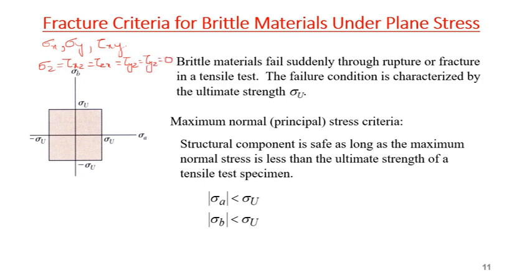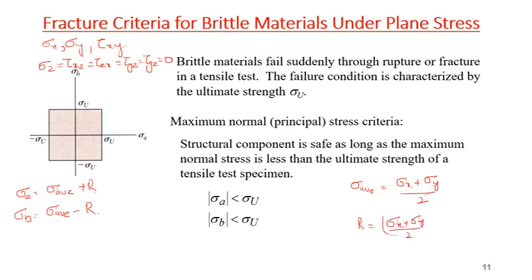Now if you want to find the principal stresses, sigma a will be sigma average plus radius, and sigma b I can write as sigma average minus radius, where sigma average is simply sigma x plus sigma y divided by 2, and the radius, we know, is the square root of (sigma x minus sigma y divided by 2) squared plus tau xy squared.